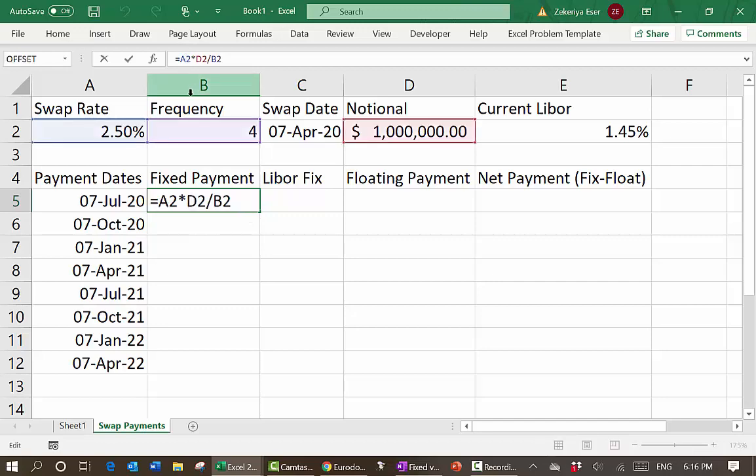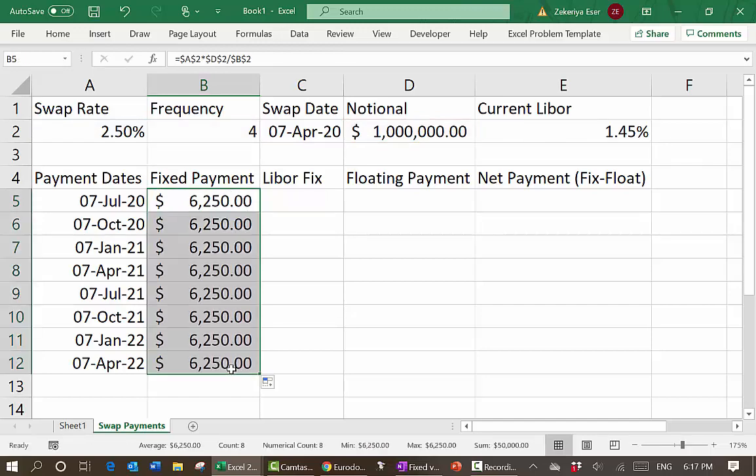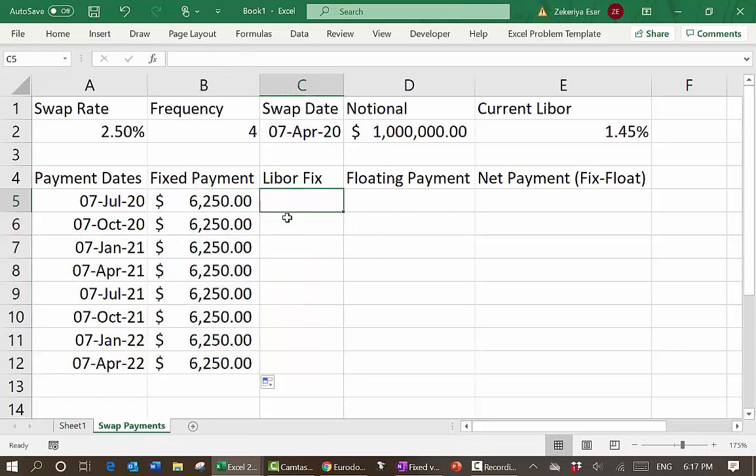So let's make sure that we fix these amounts, because I'm going to copy the formulas. For the next 8 quarters, this is a 2-year swap, you're going to pay $6,250.